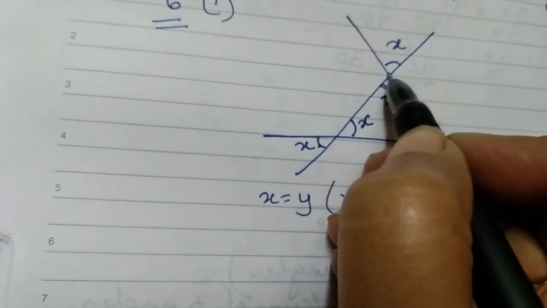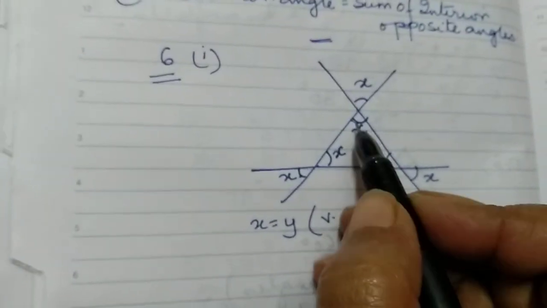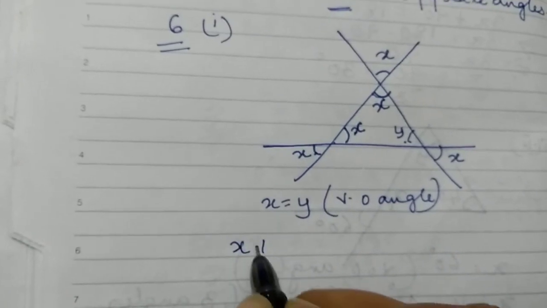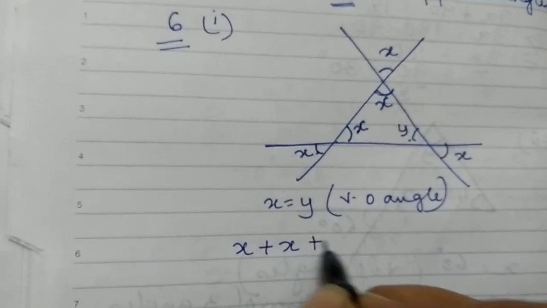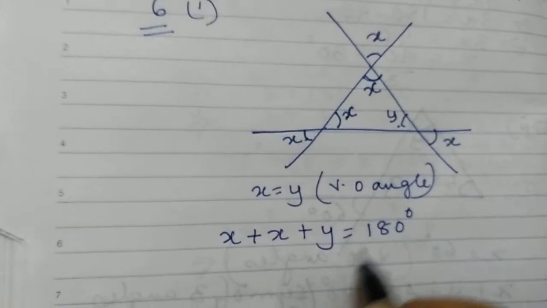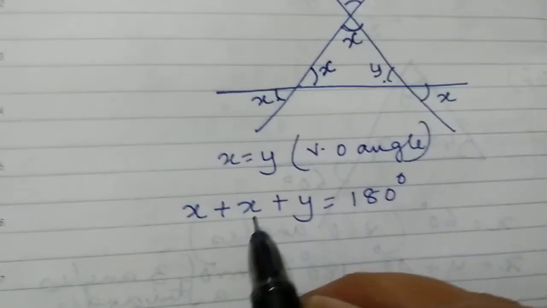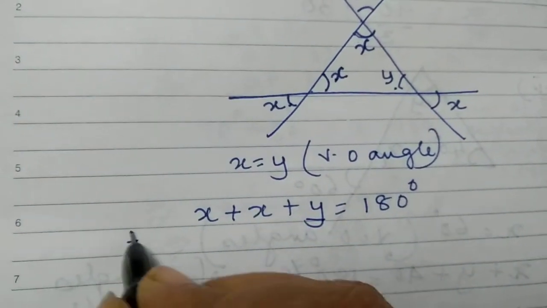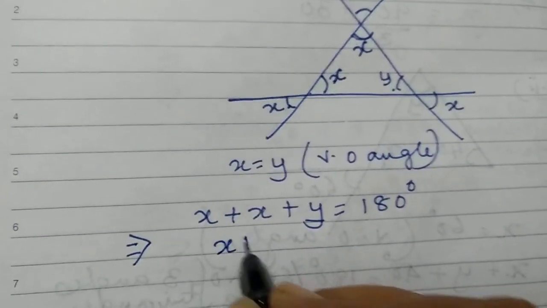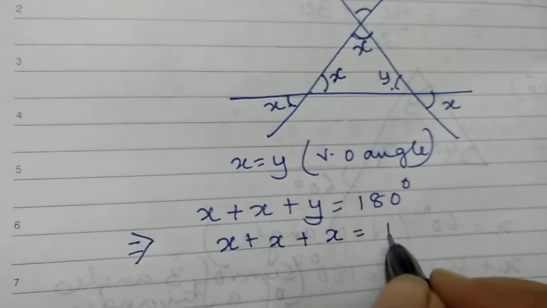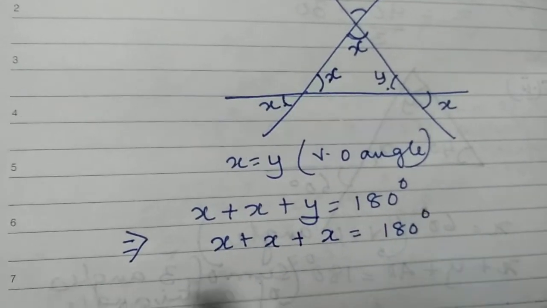So, if I take this triangle, in this triangle, what are the interior angles, girls? It is x plus y is equal to 180 degree. Yes. Now, instead of y, I can substitute x. So, it becomes x plus x is equal to 180 degree.